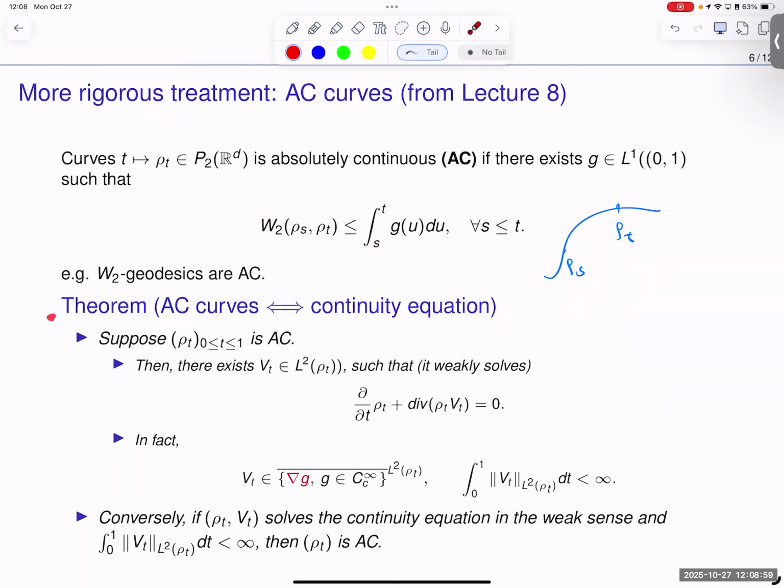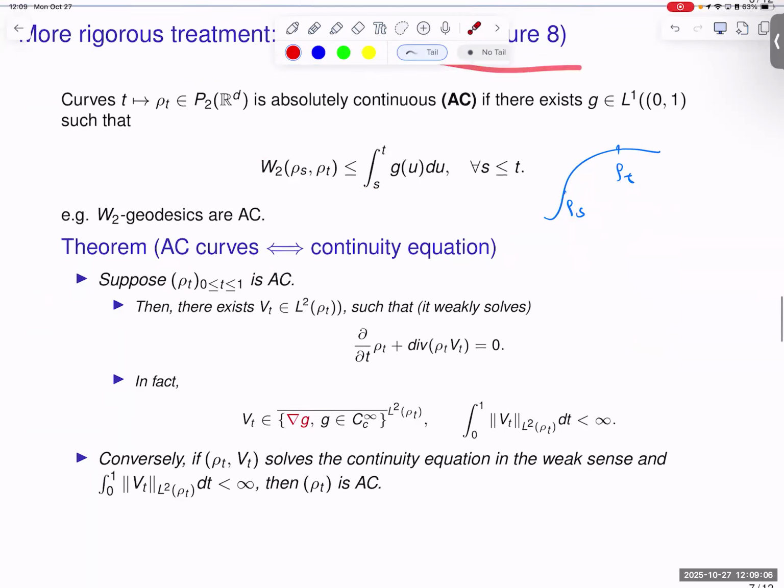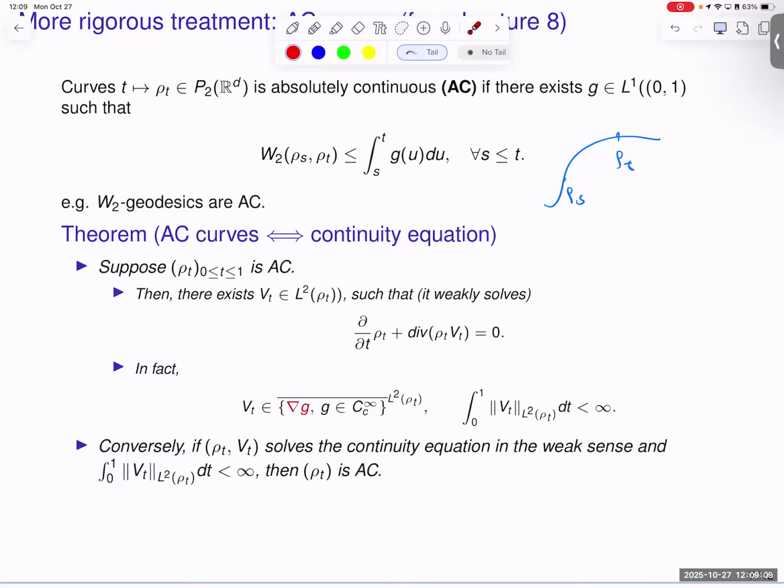Okay, then there's a relation between absolutely continuous curves and the continuity equation, which was already covered in lecture 8. So let me just remind you. If the curve in the Wasserstein space, in P2, is absolutely continuous, maybe I want to include not just P2 but P_ac.